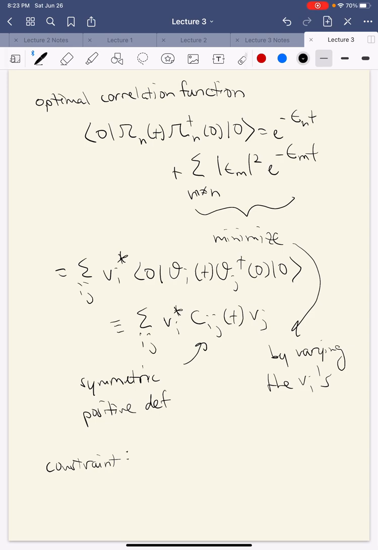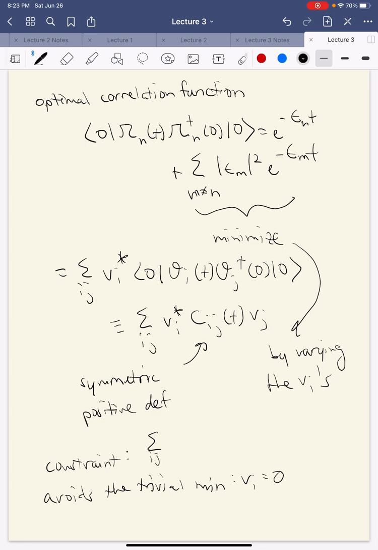So the constraint that we want is we need some normalization condition. And the reason that we need this is to avoid the trivial minimum, which is just that all the v's are 0. So we need a constraint which will allow us to avoid just getting back v_i equals 0.